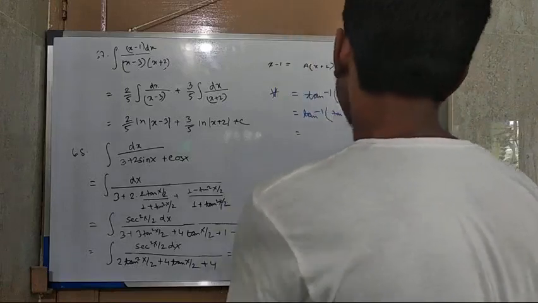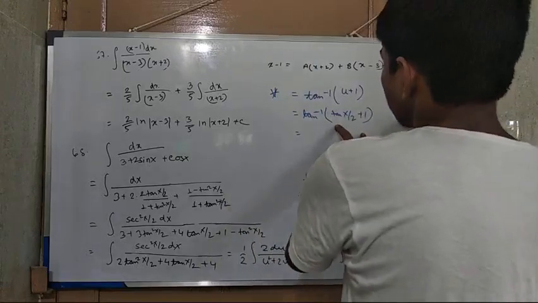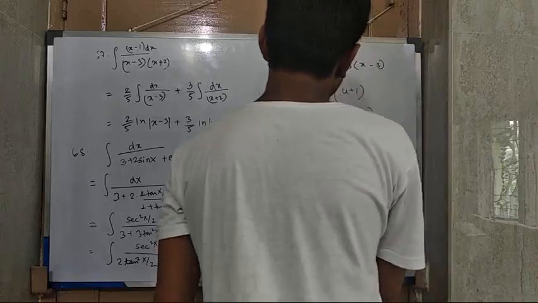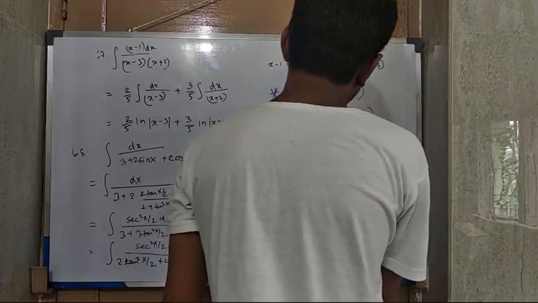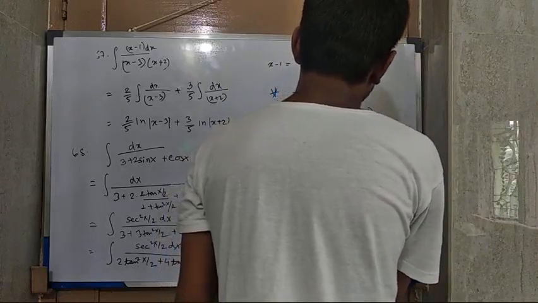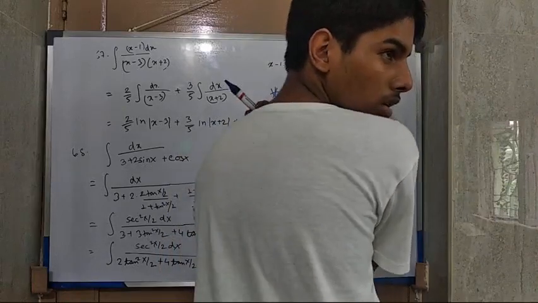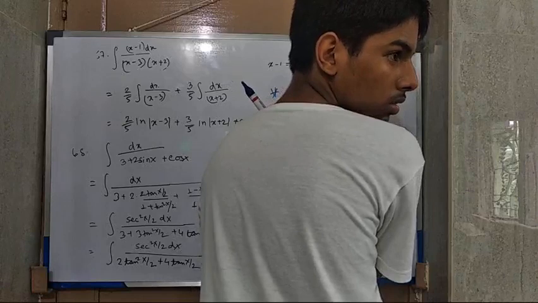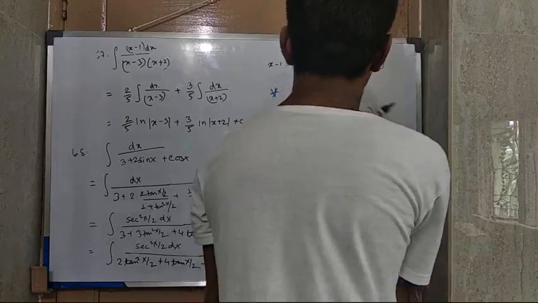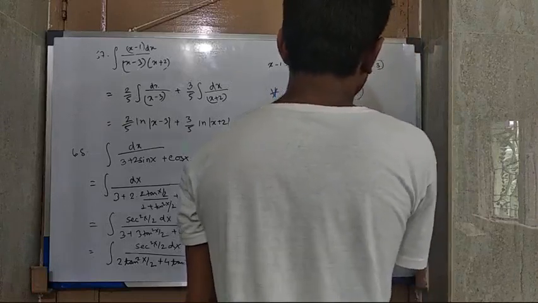Tan of a minus b. So yeah, it can be written as tan inverse tan x by 2. No, maybe not.